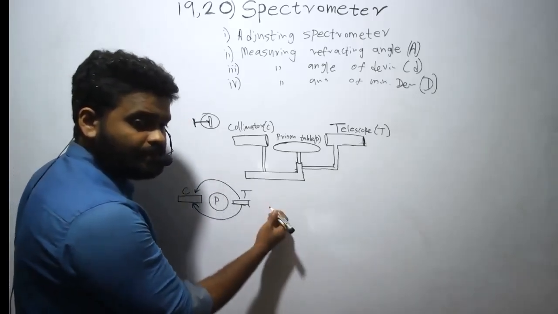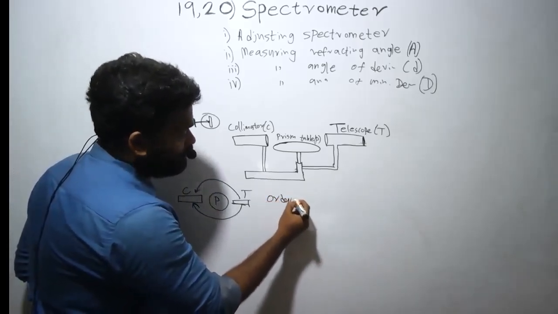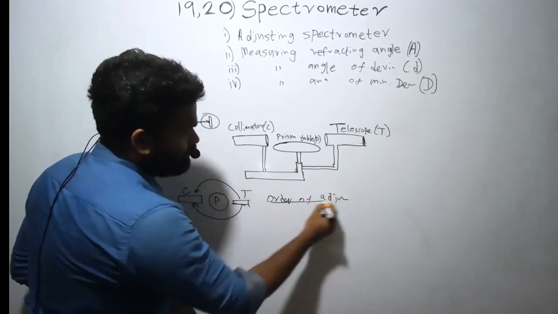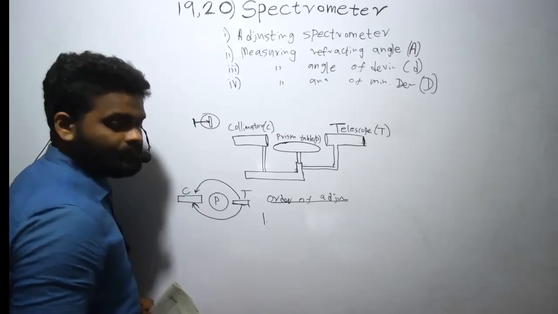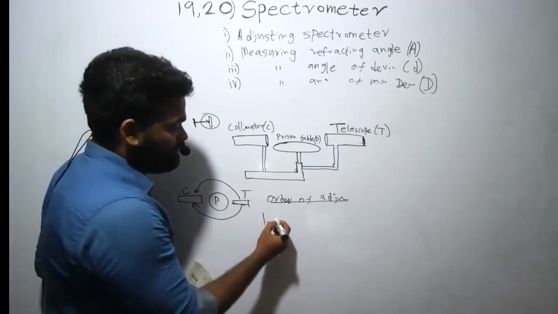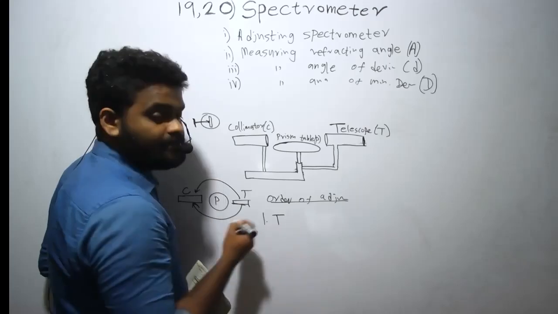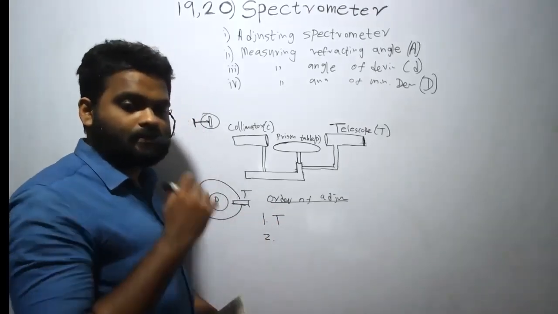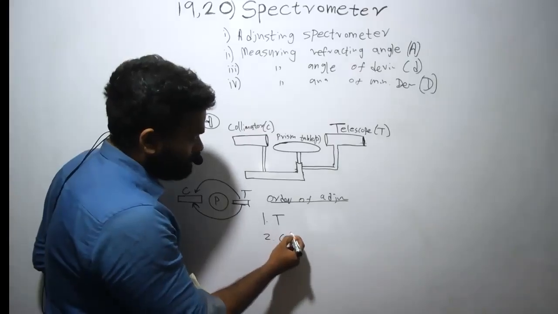Below that, write order of adjustments. First one, write down telescope. Second one, write down collimator.